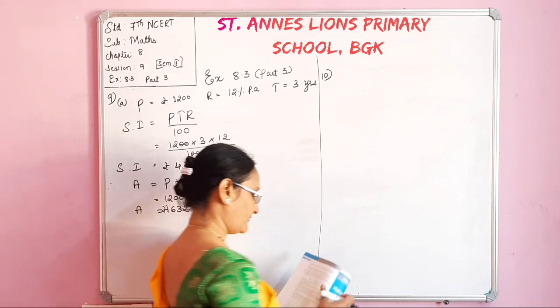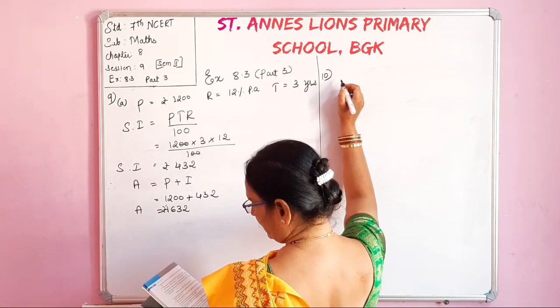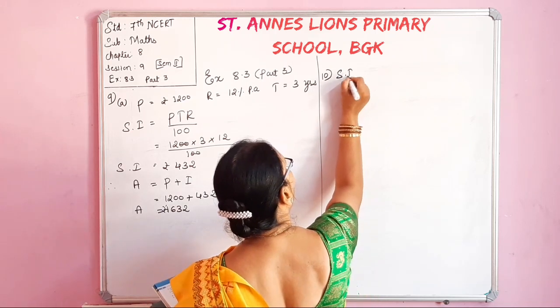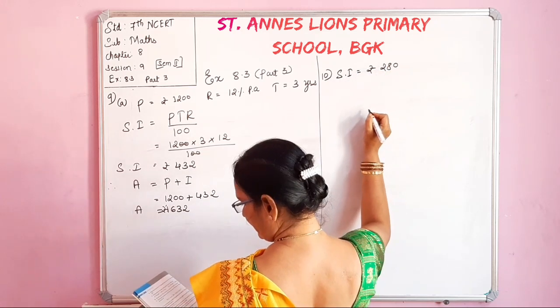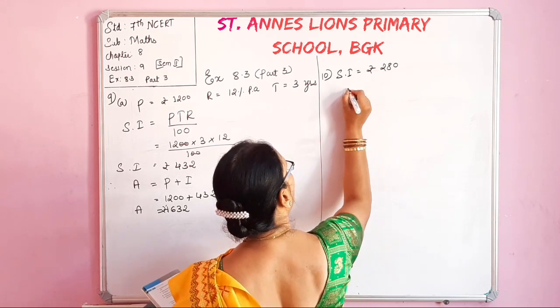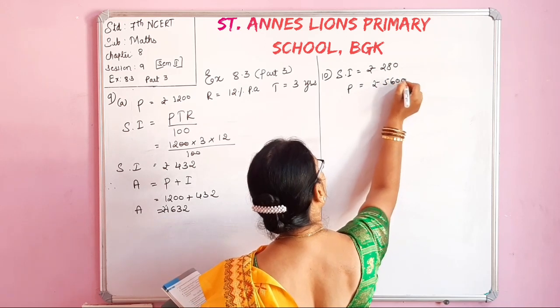Here see what things are given, first we will find out. R is not given, interest is given. Simple interest is equal to rupees 280. Then sum, that is principal is given. Principal is equal to rupees 56,000.